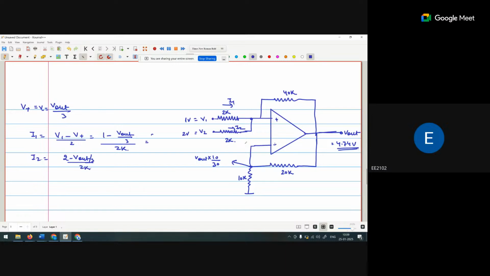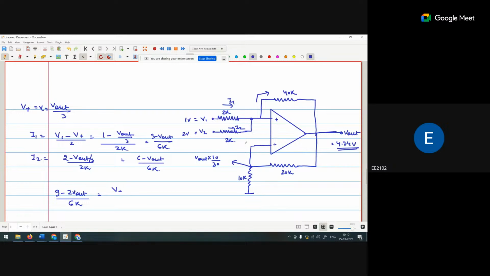So this is 3 minus V out upon 6K, and this is 6 minus V out upon 6K. Now these two currents will be added. So if I add these two currents, 9 minus 2 times V out upon 6K, that current will be passing through this branch.